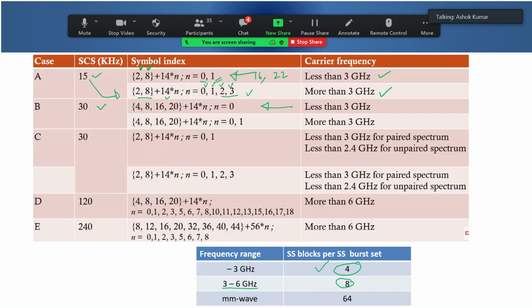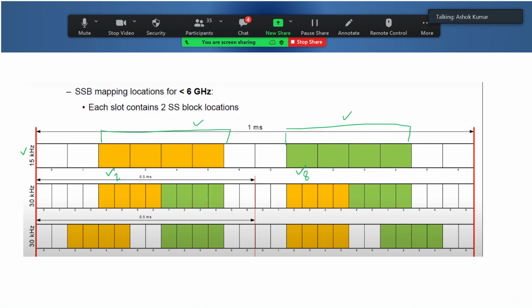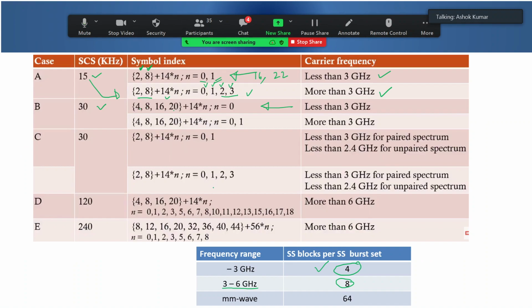And how it will look in the picture, just see that: one SS block, second SS block, third and fourth. So you can visually also see. And for millimeter wave, up to 64 synchronization signal block would be possible.